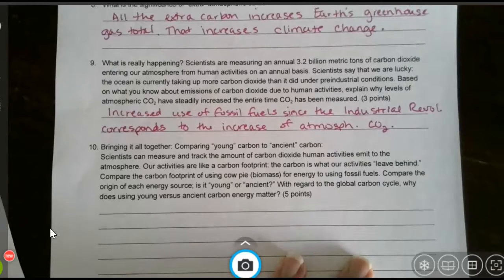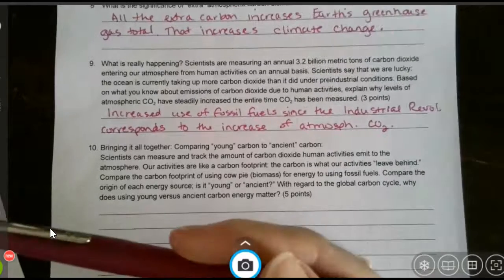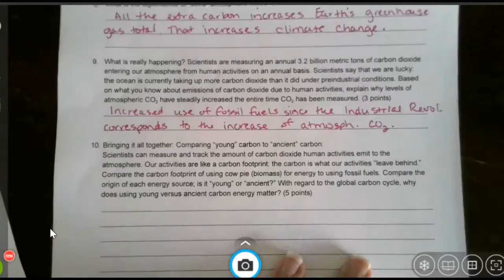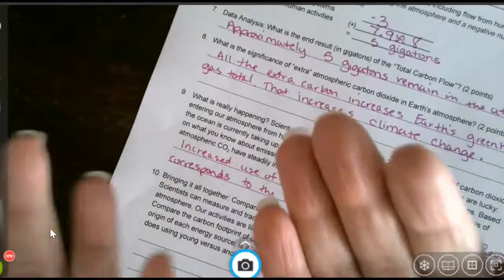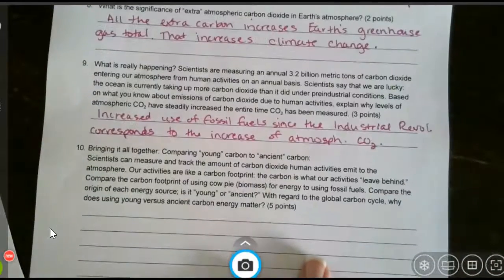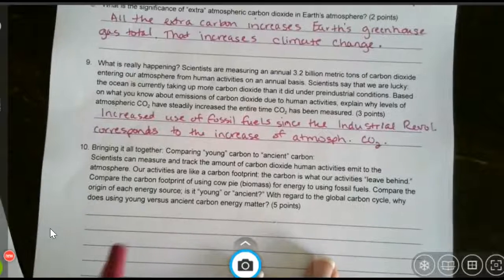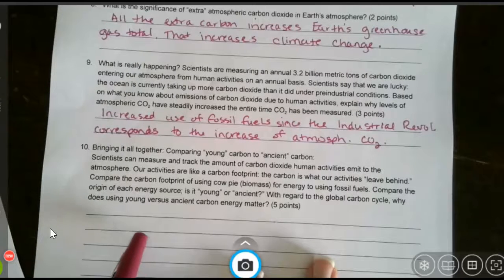It's the same amount of carbon if you burn the cow pies as what was just being pulled out. So it's maintaining a stable, constant rate of carbon going into and out of the atmosphere, so we don't consider that a harmful source of carbon use.